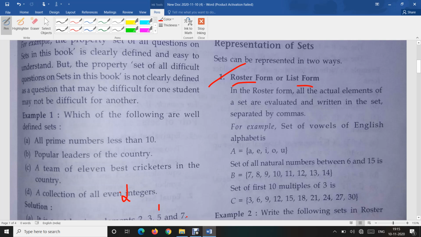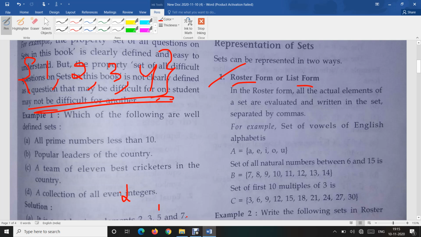So what is the roster form or the list form? See, all the actual elements of a set are evaluated and written in the set, separated by commas. Just like I have told you earlier, within curly brackets the elements are separated by commas: 1, 2, 3, 4 are the elements, and these are separated by commas.